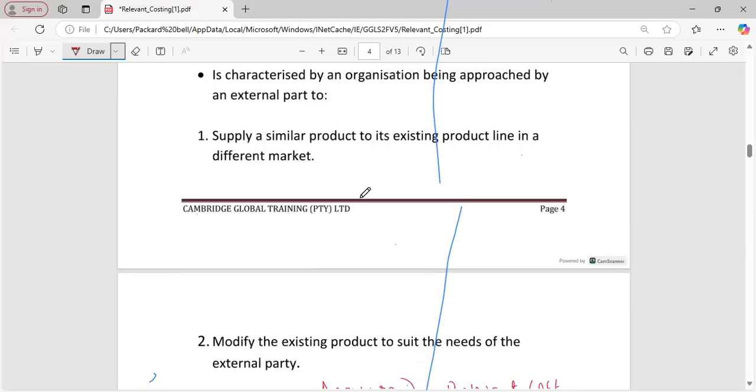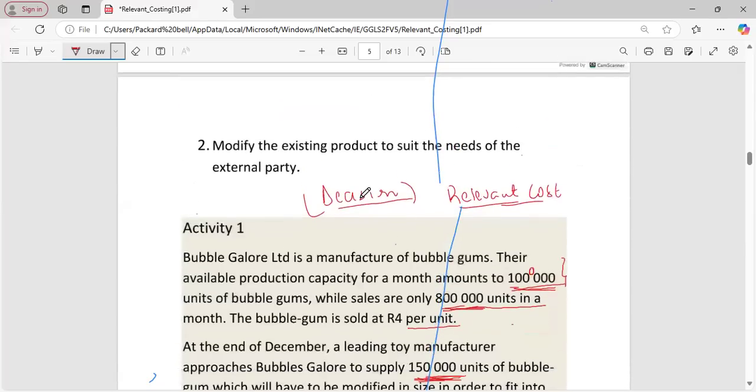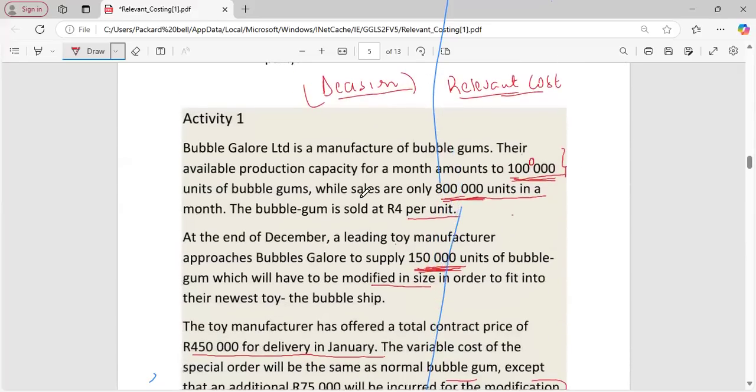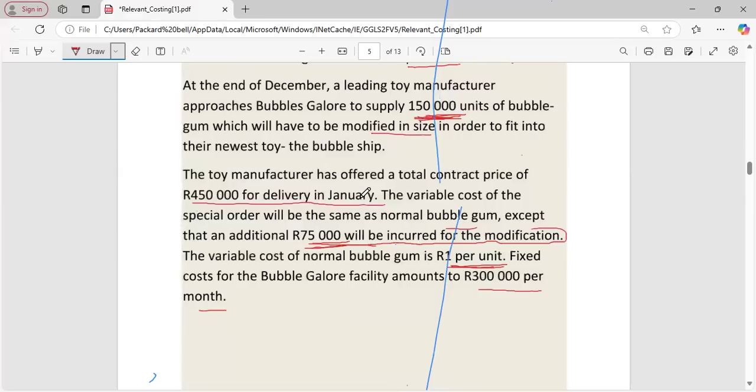So I don't know if I answered the question or there's something that still needs clarification there. My main point is understand that we are dealing with relevant cost. That's the only thing, so that you don't get much confused. In my question, who is relevant and who is not relevant?